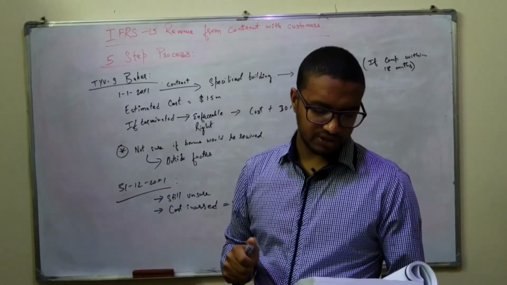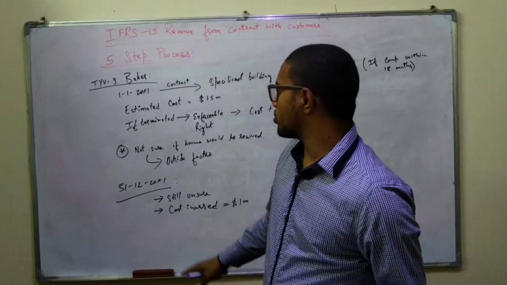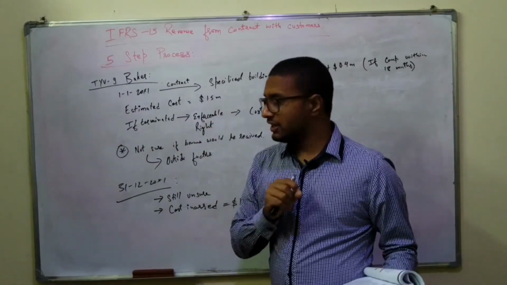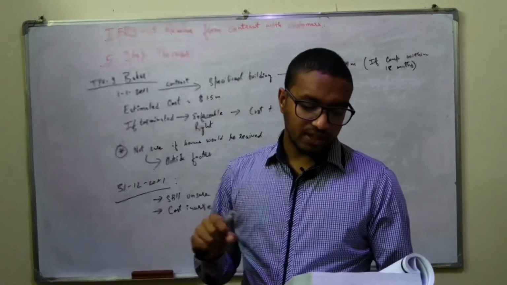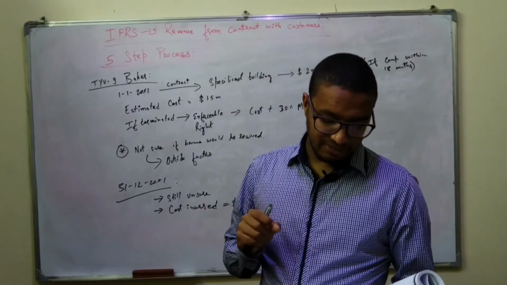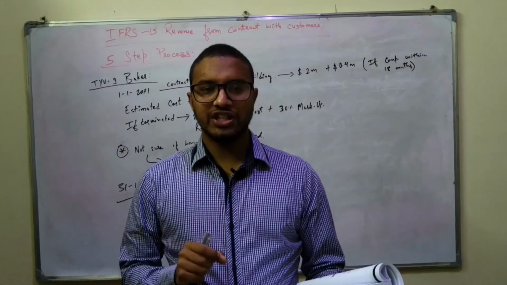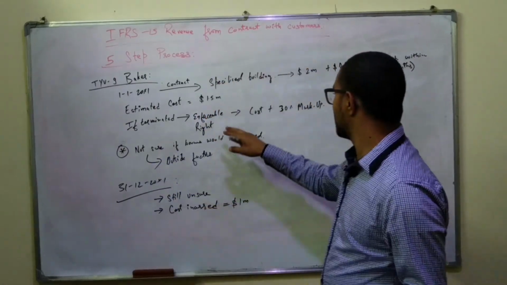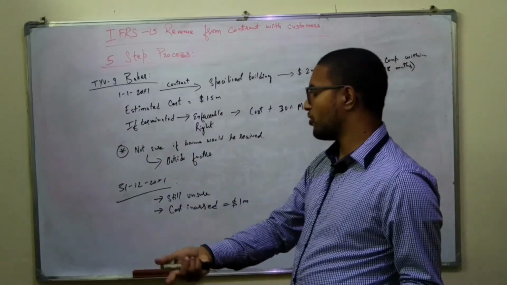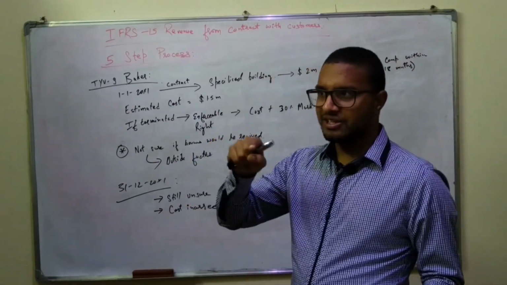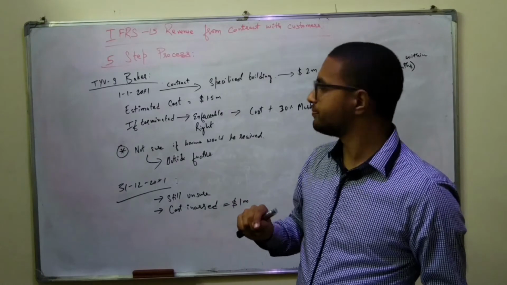And then what the question clearly says is that the estimated cost to complete is 1.5 million. And then if the contract is terminated by the customer, Baker can demand the cost incurred to date plus 30% markup on that amount. So it is basically 130%.